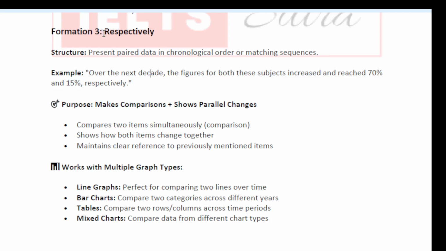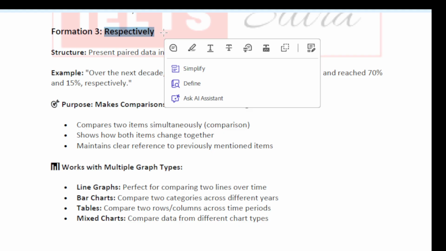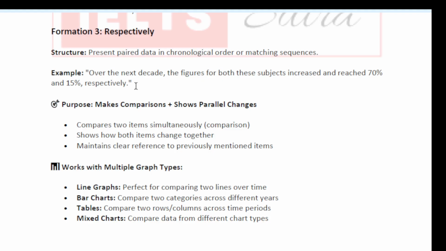So this formation can be used after the highest lowest formation as a second sentence, where you can mention parallel comparisons. Also you can make a listing if you want, like you can cover multiple figures, like the figure for subjects A, B and C was 30%, 40%, 50% respectively, etc.